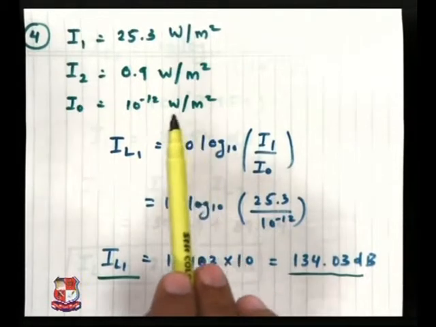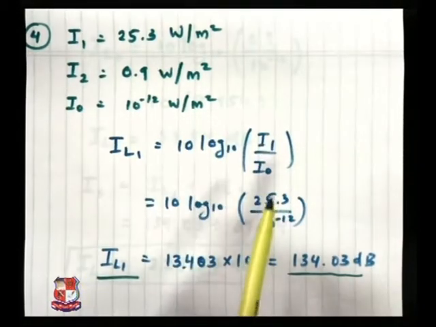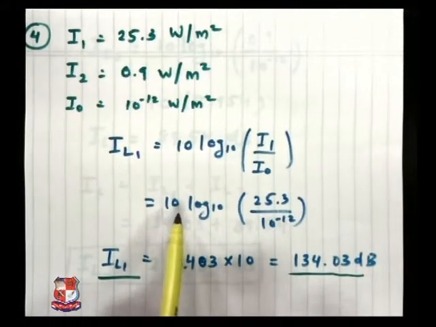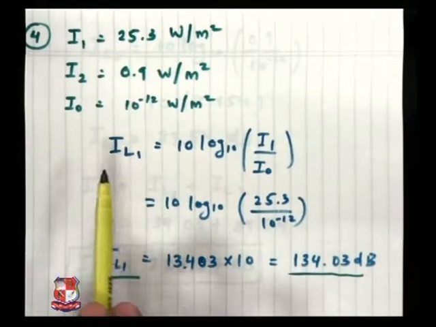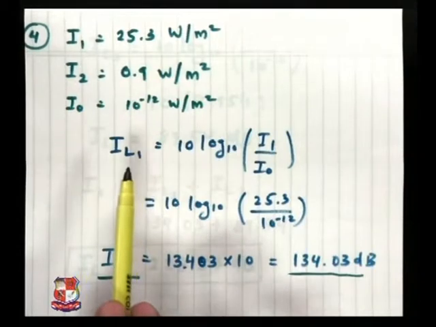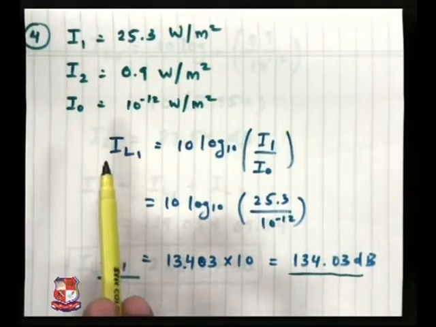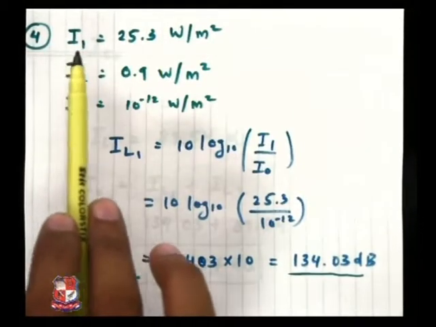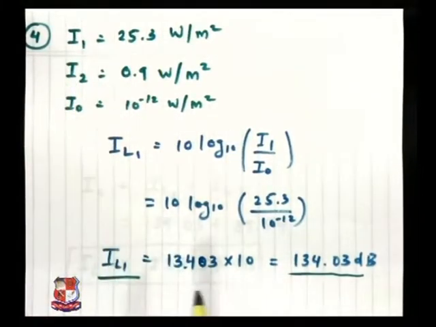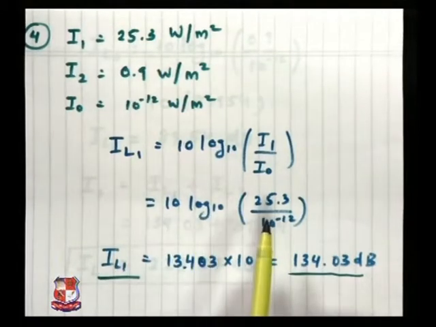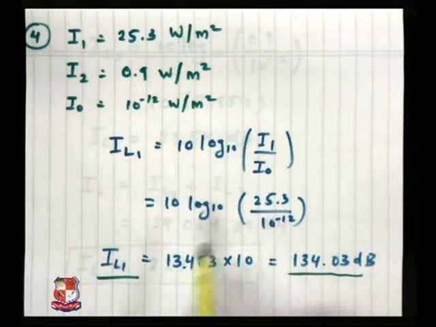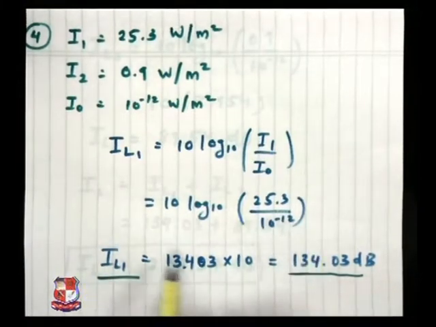When you substitute this value and take the log of that, and when you multiply it with 10, you get the value of intensity level of the sound which is created due to the sound of intensity I1. So by substituting the value of I1 and the value of I0, we get the value of IL1.